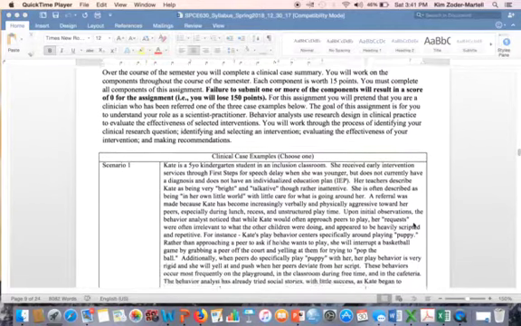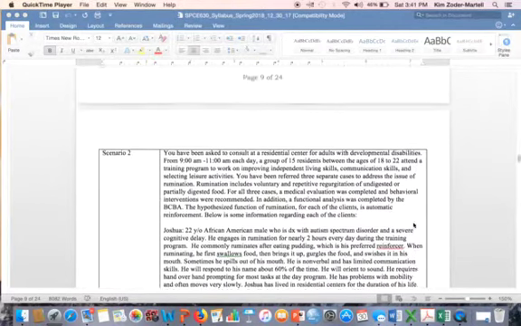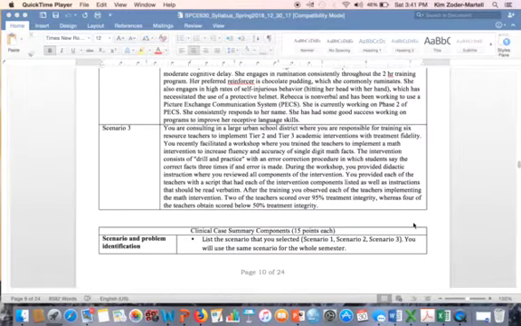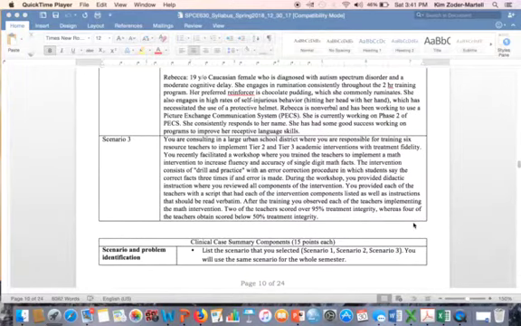So you can choose either scenario 1, scenario 2, or scenario 3. For every week, you're going to indicate which scenario you're working on. And remember, it's going to be the same one. So if you pick scenario 3 during the beginning of the semester, then anytime that you complete one of the clinical case summary components, you are going to use scenario 3.